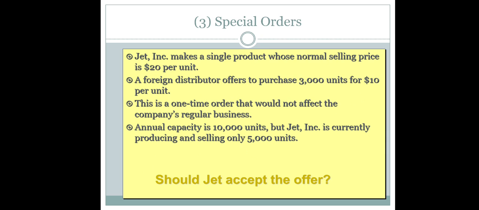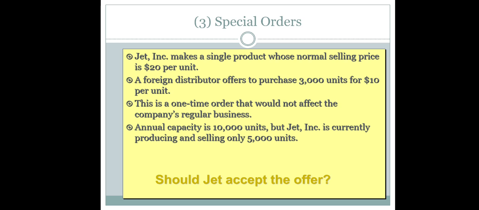Annual capacity is 10,000 units, but Jet Incorporated is currently producing and selling only 5,000 units. So see here, the capacity of Jet Incorporated is that the company can produce 10,000 units per year. Currently, the company is operating under the capacity, under the limit.